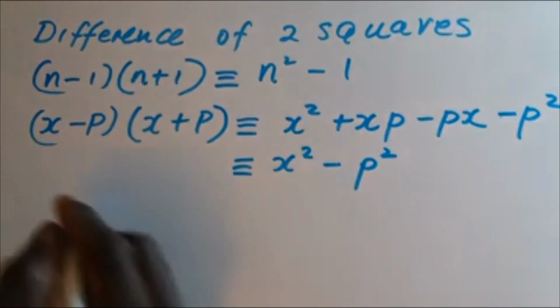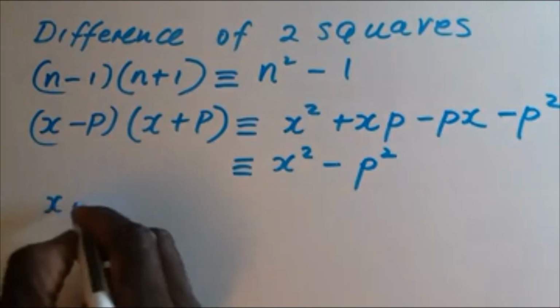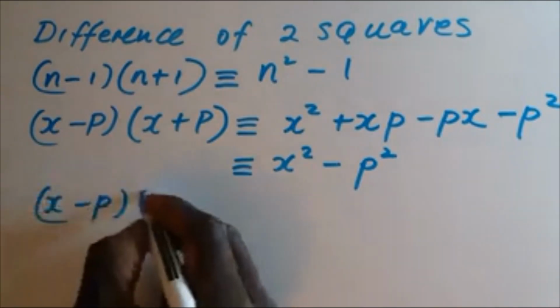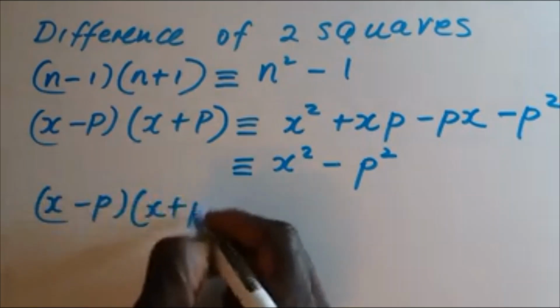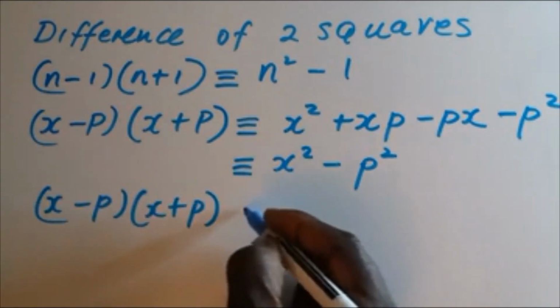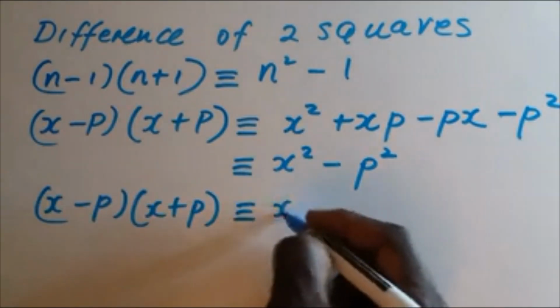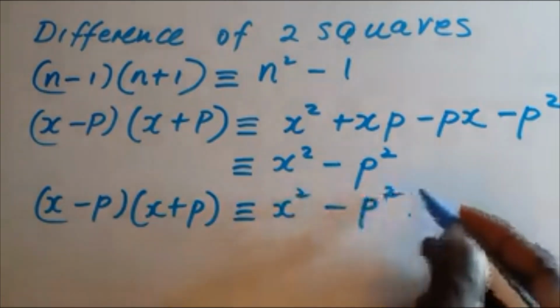And so we write that (x minus p)(x add p) is equivalent to x squared minus p squared.